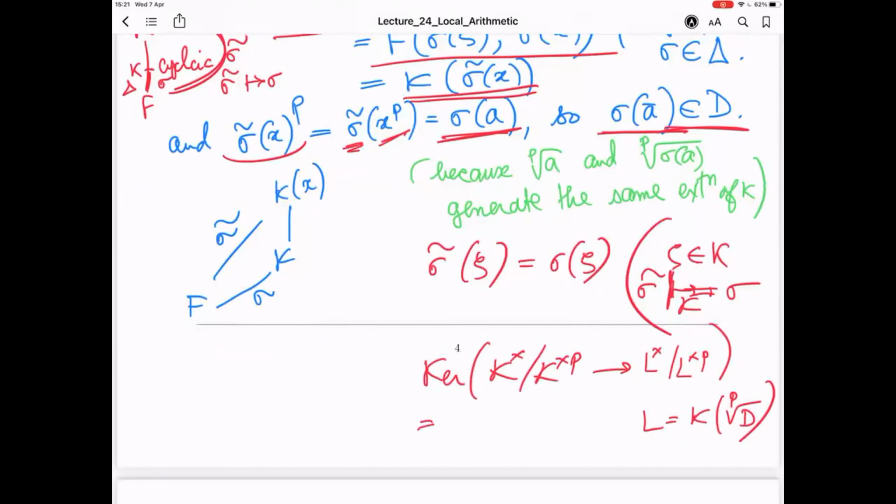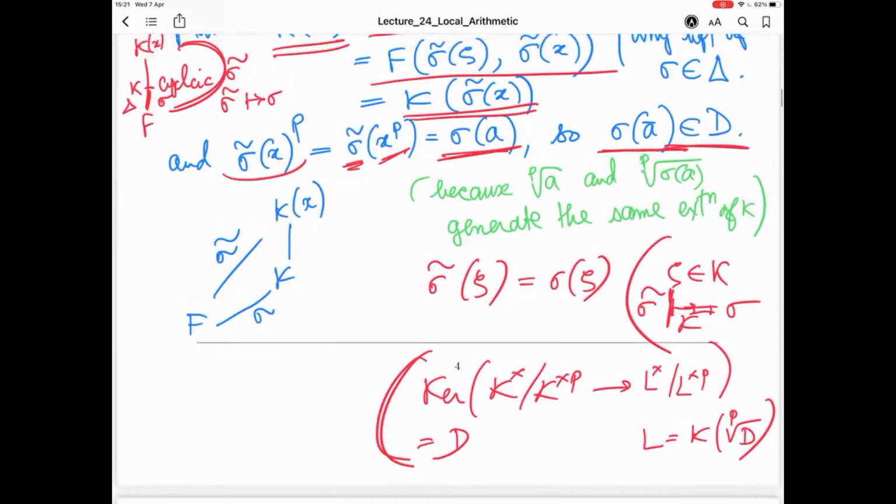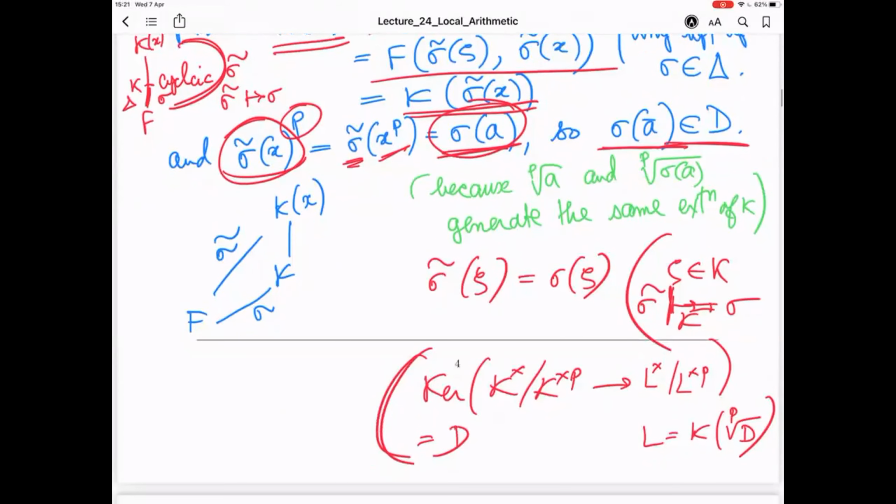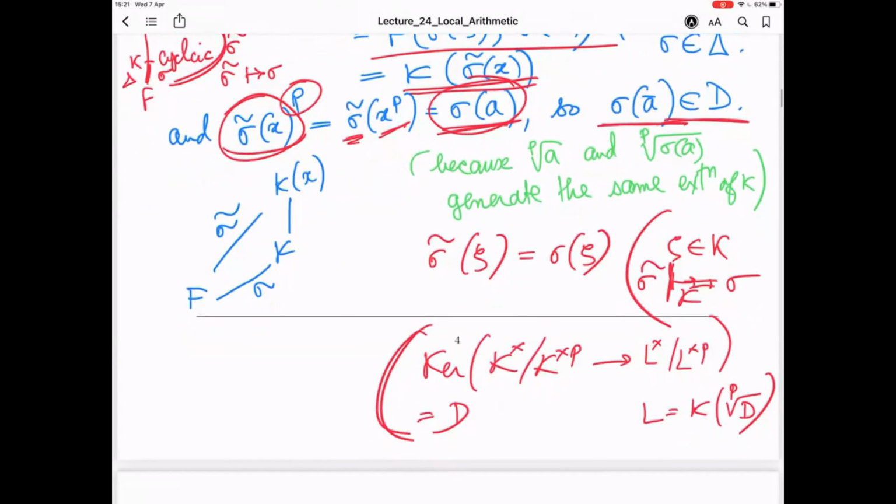The kernel is equal to D. Okay, so if there's something else, sigma tilde of x, whose pth power is in K, that means that... what am I trying to say?